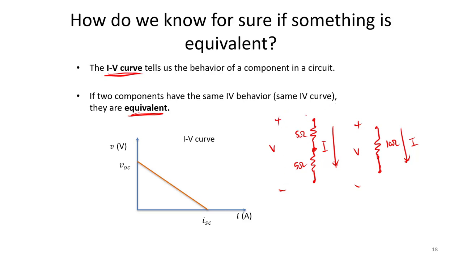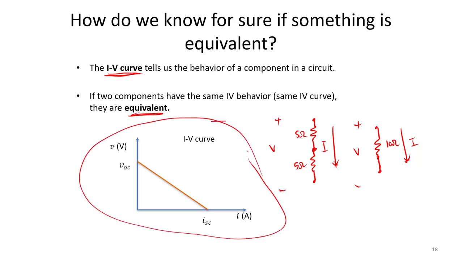If we know that two circuit elements have the same voltage-current behavior, we can legally replace, for example, two 5-ohm resistors in series with a single 10-ohm resistor, because we know that the voltage and current through either of those components would be identical. So, key takeaway: if two components have the same IV curve, they have the same behavior over the range of voltages and currents, then those two circuits or components are considered equivalent.